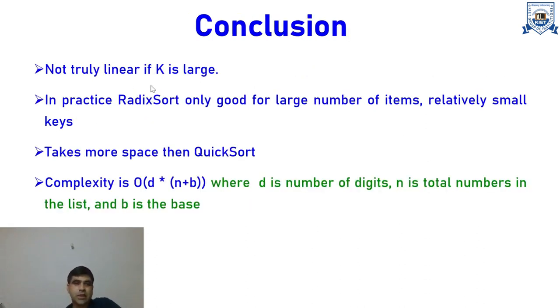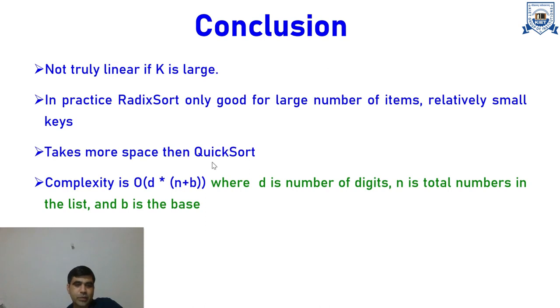So the conclusion is that it is not truly linear if k is large. In practice, radix sort is only good for a large number of items with relatively small keys. The number of items is large, but the keys are smaller in size and the range is small.